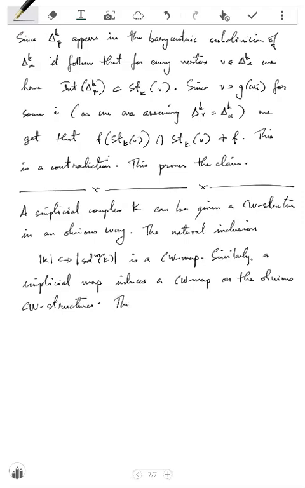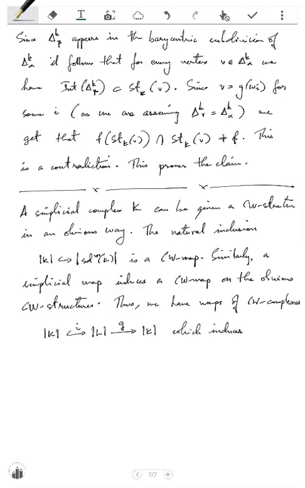Thus, we have maps of CW complexes which induces maps of complexes.